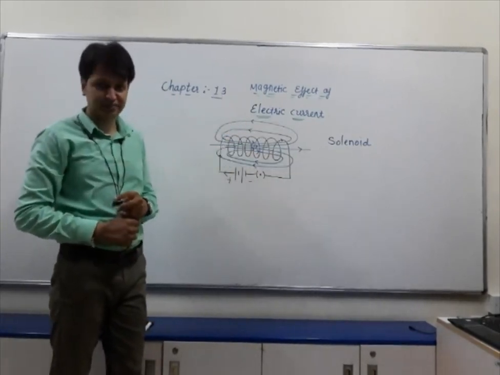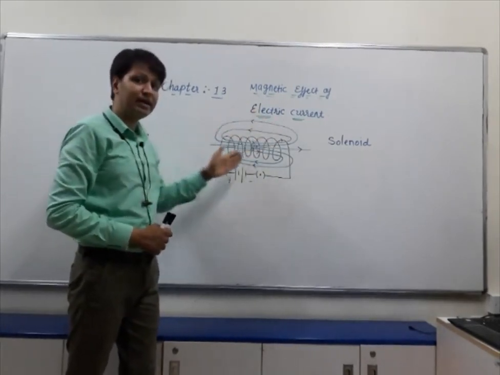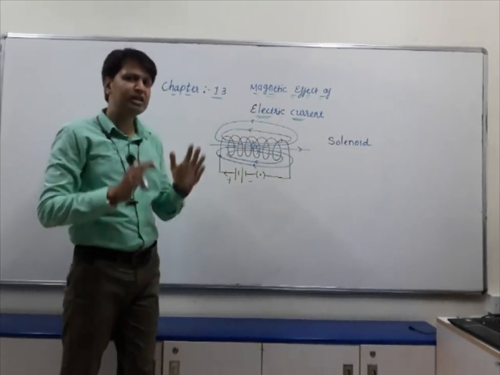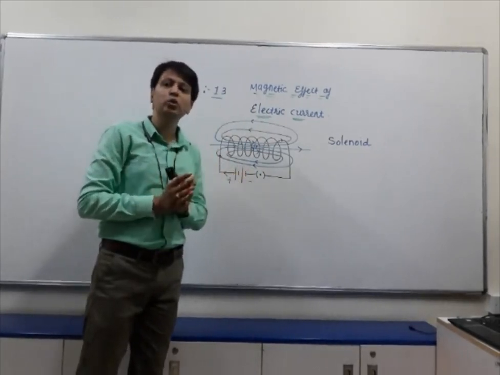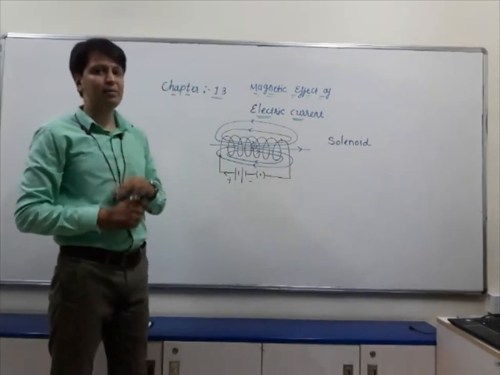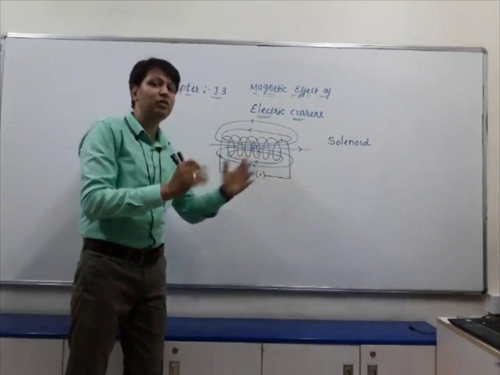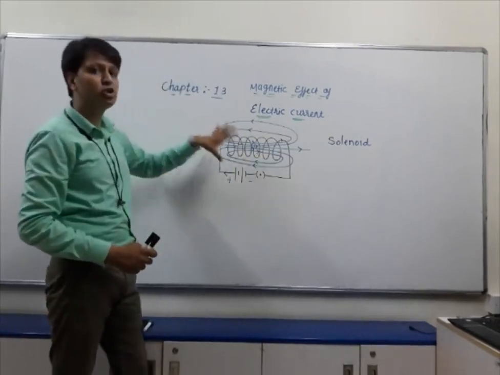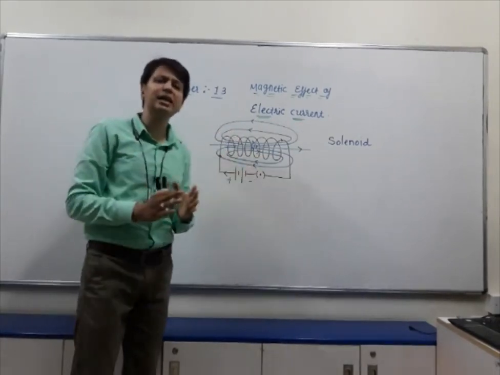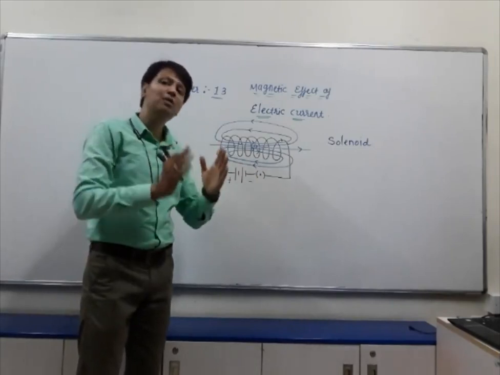As we draw the magnetic field here, it is closely related to the magnetic field we drew earlier for a bar magnet. When you compare the magnetic field lines produced by a solenoid, they are nearly the same as the magnetic field lines of a bar magnet.